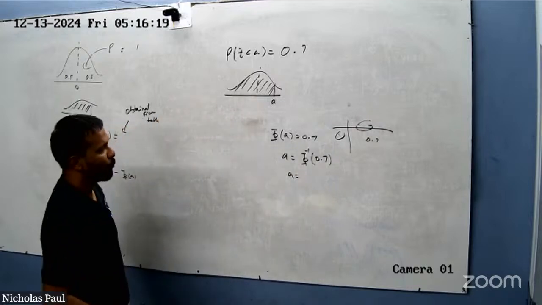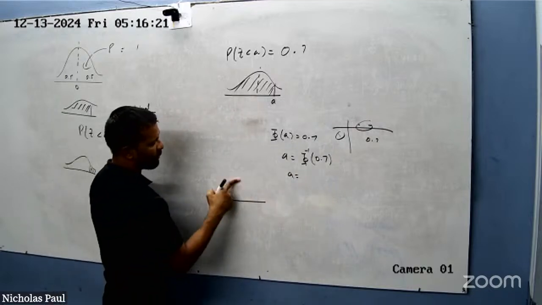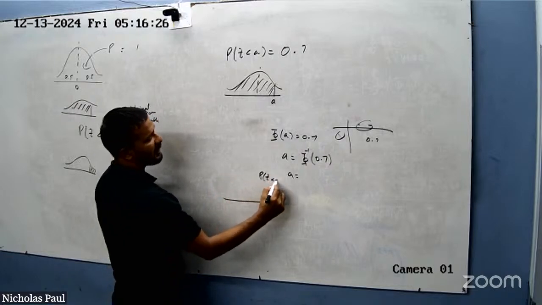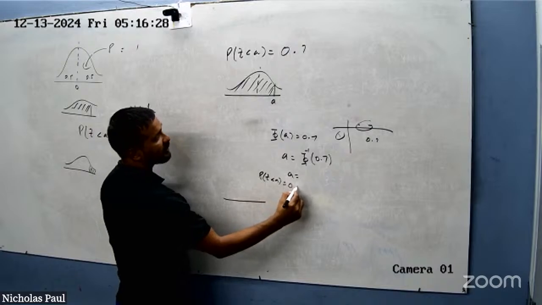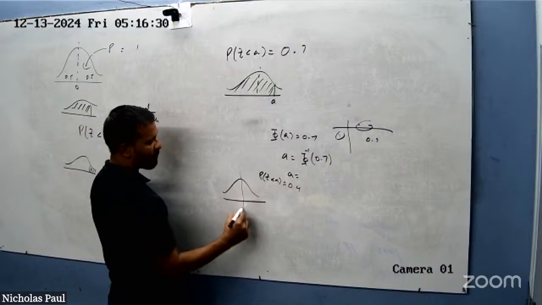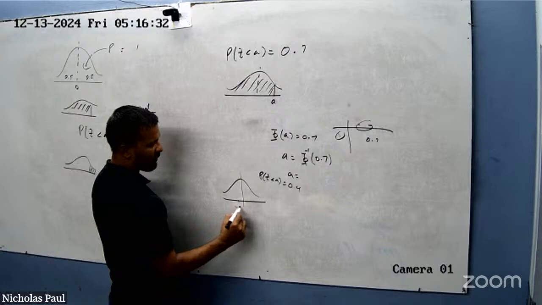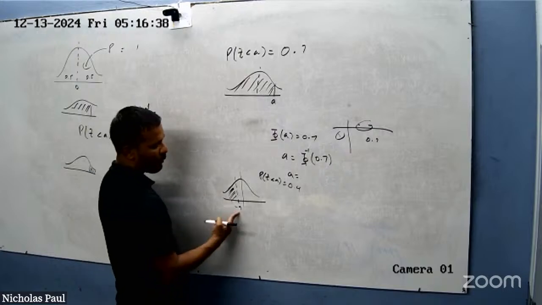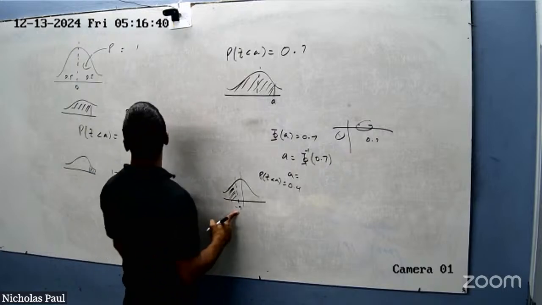Okay, we did that. And I also remember, if for example, I said the probability of z less than a, and I gave you something like 0.4, what that means is that a is actually here, on the negative side. Whenever a is on the negative side, we can't get negative values from the table.